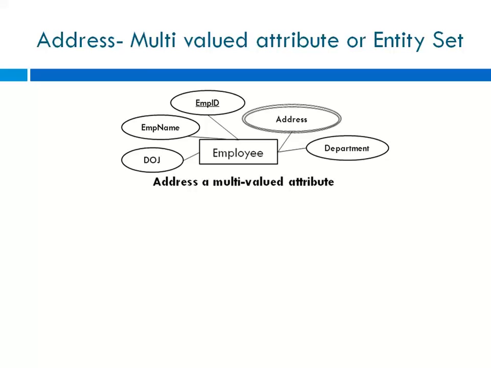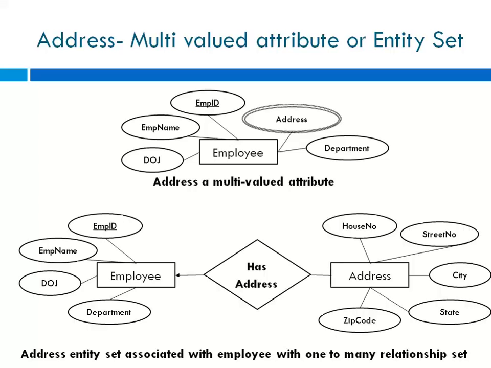So here is the employee entity set with its attributes, and just look at the address attribute. Here it is shown as a multi-valued attribute, but instead of using address as a multi-valued attribute, it can be used as an entity set and it can be connected with the employees entity set with a relationship has address.